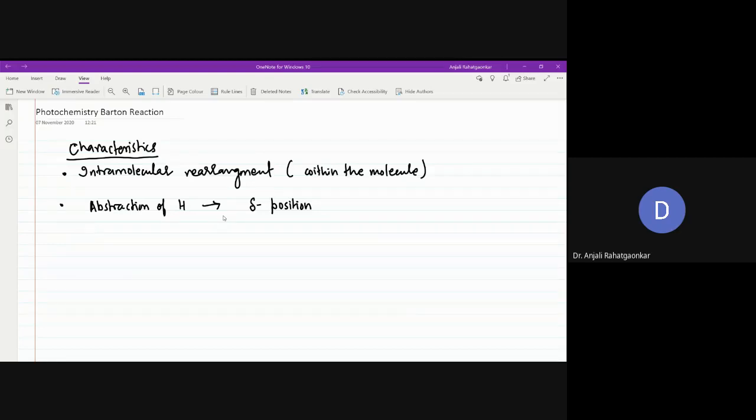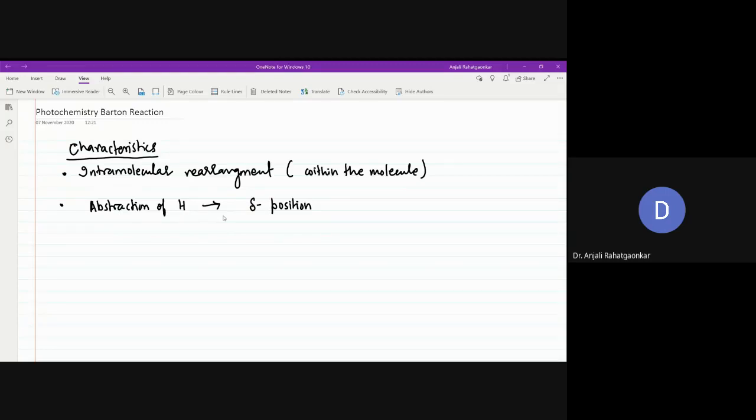Now, always in photochemical reactions, we come across so many starting materials. All right. In the Norrish type 1, which one is the starting material? Norrish type 2, the starting material. Then we have seen the Paterno-Büchi reaction.